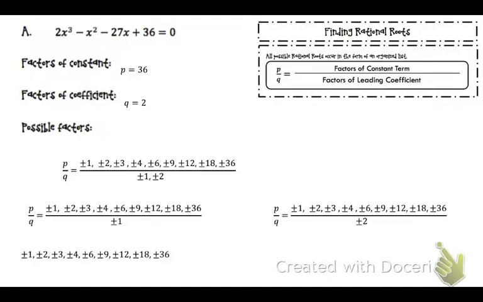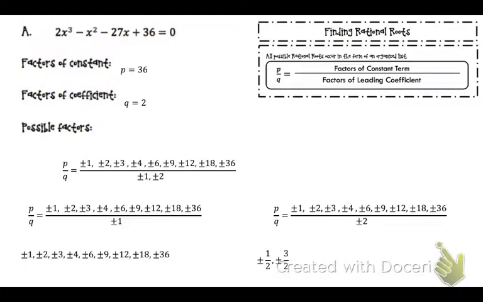If we look over here, 1 divided by 2 is 1/2, still positive or negative. We don't have that in our first list, so I'm going to mark that one down. 2 divided by 2 is 1, which we have in the first list. 3 divided by 2 is 1.5. We don't have that in our first list, so I'm going to leave that as 3/2 and put it there. 4 divided by 2 is 2.